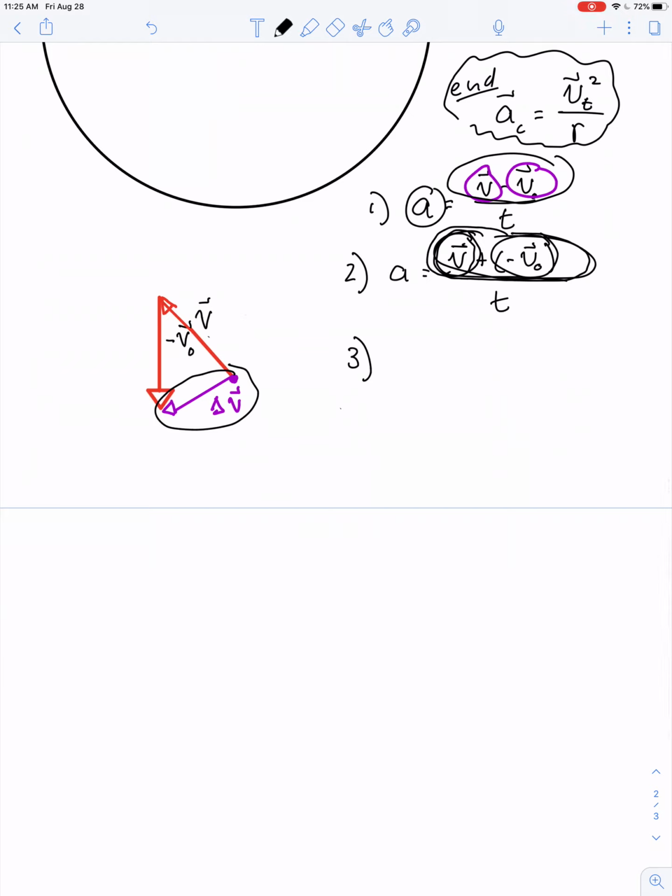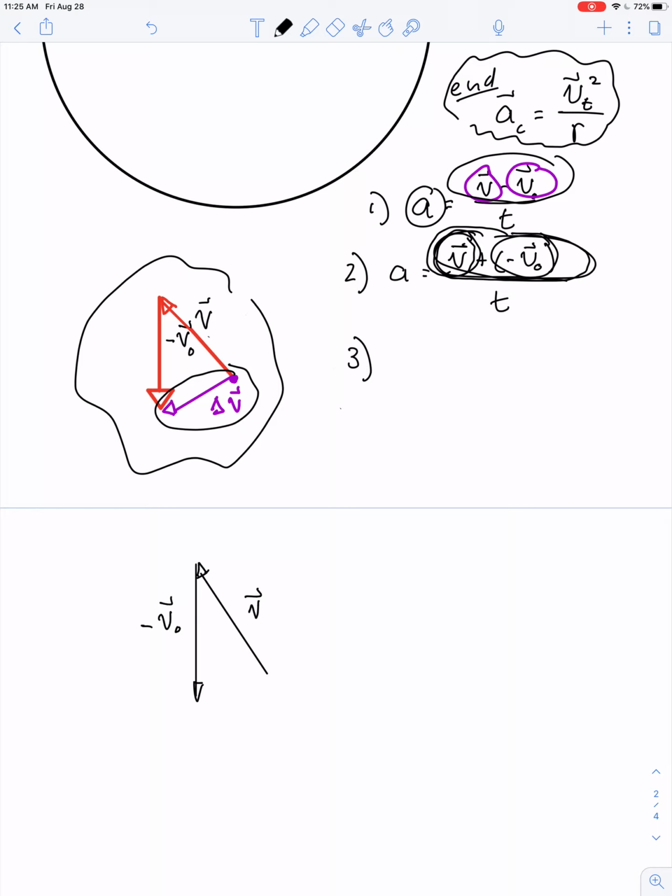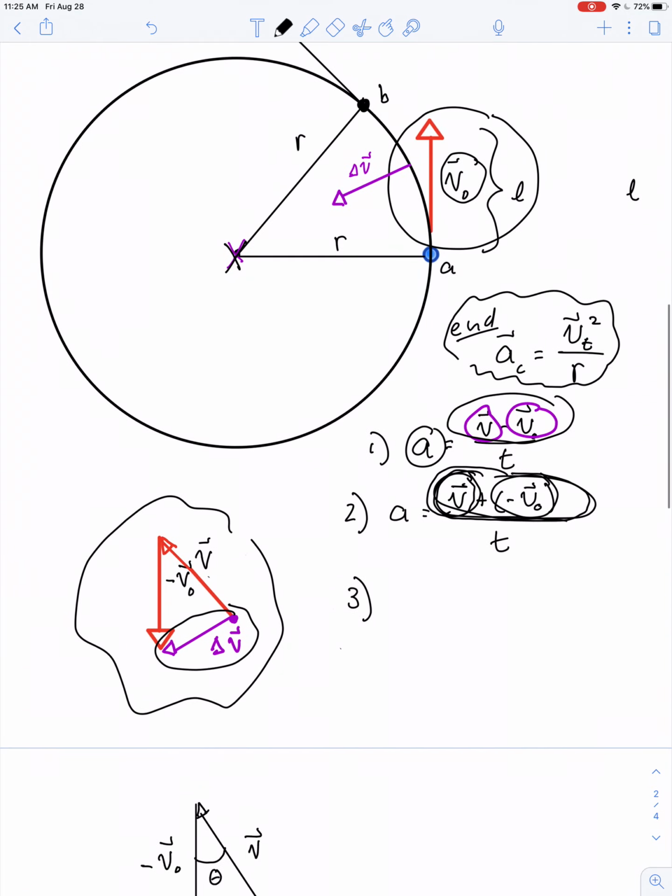So what we have, if I copy this one more time, we had a final velocity vector pointing roughly like this, the negative of the initial velocity vector pointing like that, and then the change pointed this way. And so there's some angle theta in this diagram. There's our delta v.